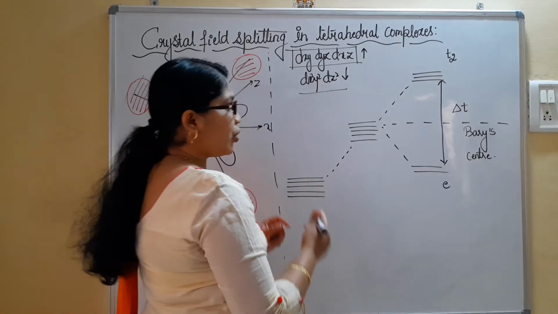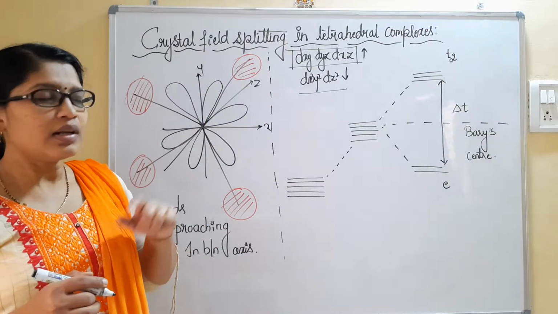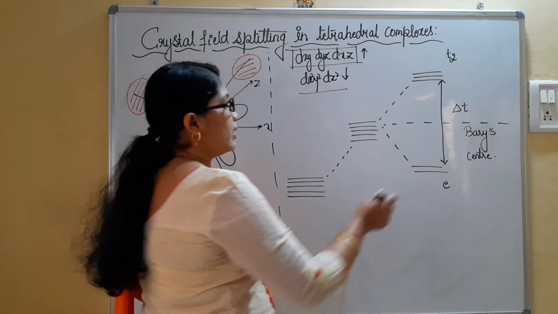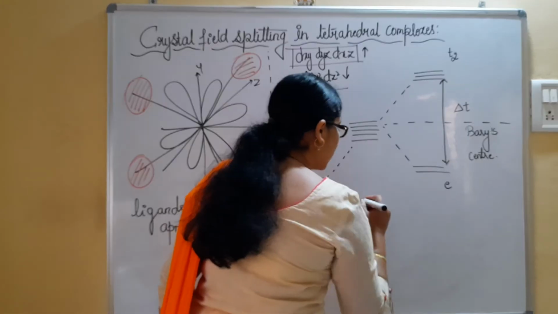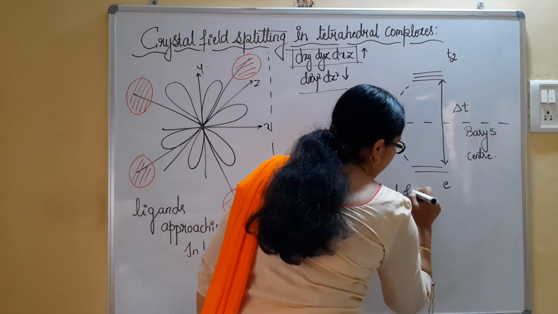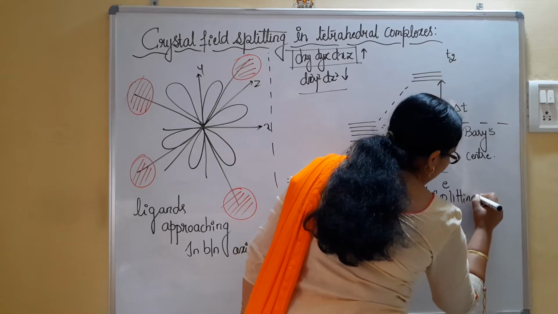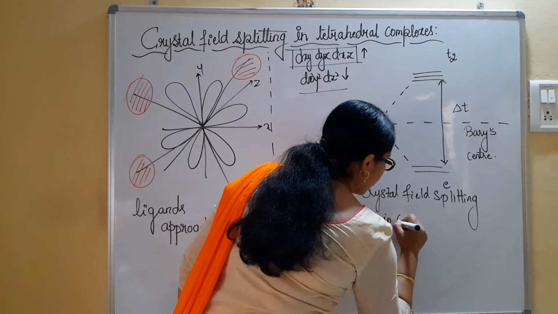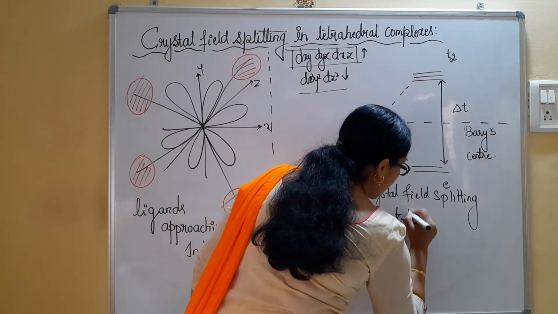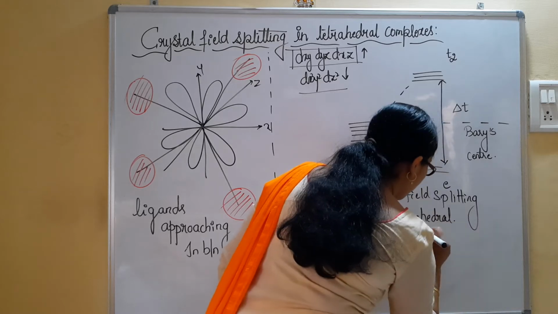Now as I showed you crystal field splitting in octahedral, we will see the same case in tetrahedral. This diagram representation is referred to as crystal field splitting in the case of tetrahedral complexes.